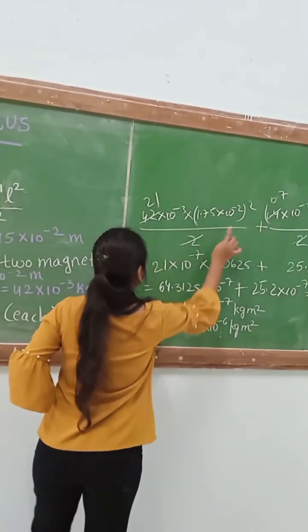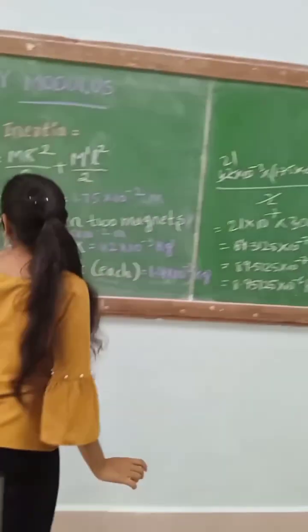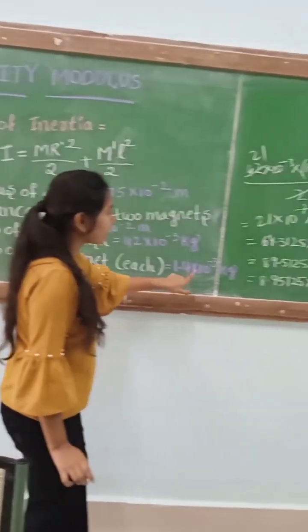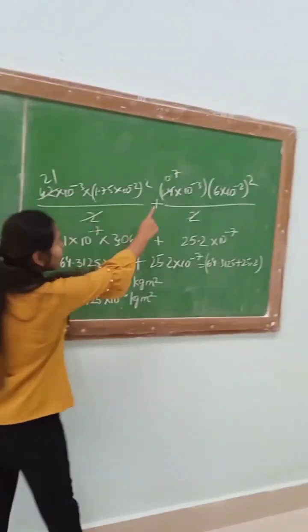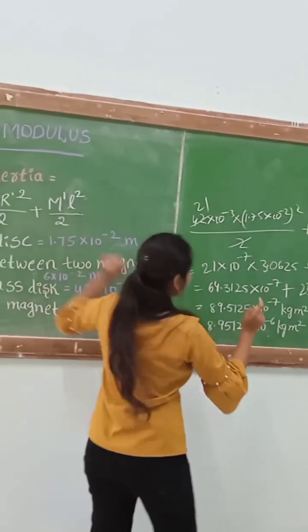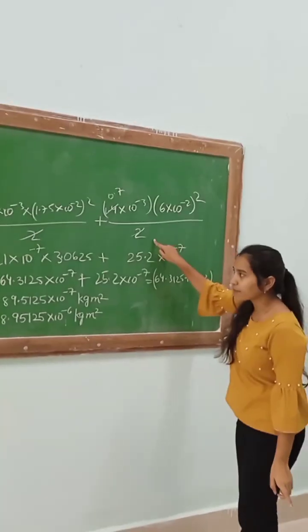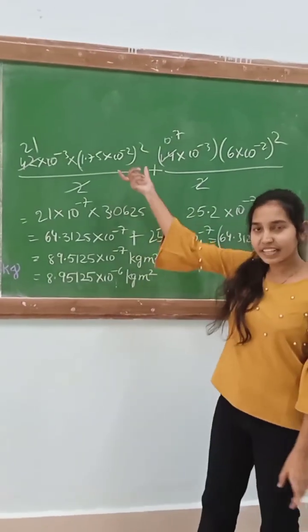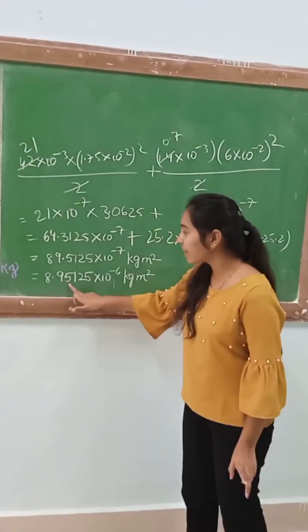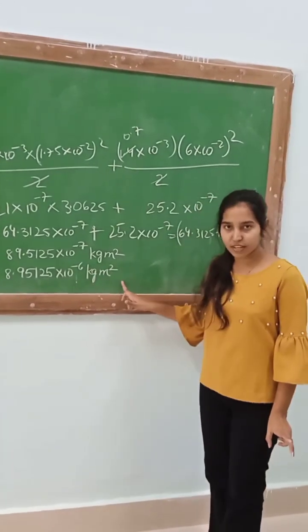Here it is r' square, so mr'^2/2 plus next m', which is 1.4 x 10^-3, into L square, where L square is (6 x 10^-2) whole square by 2. Now by calculating this value, we are getting 8.95125 x 10^-6 kg m^2.